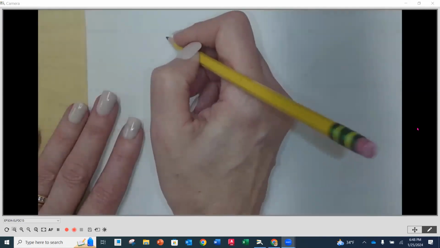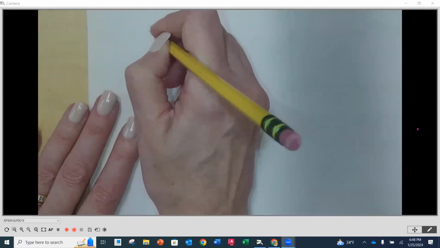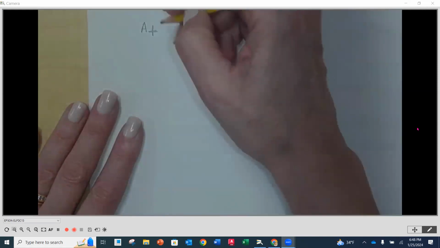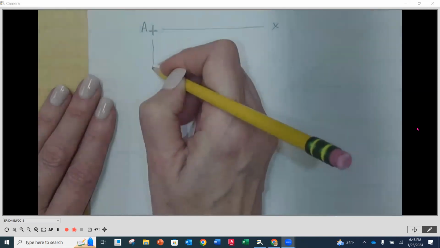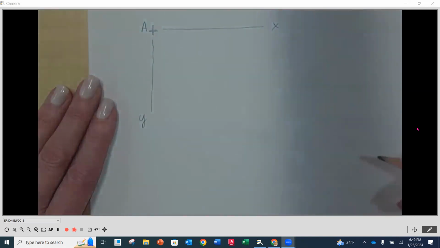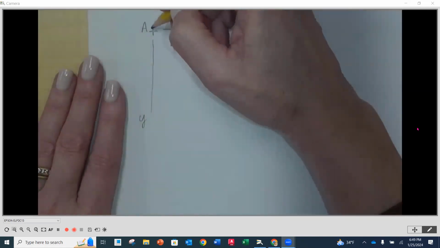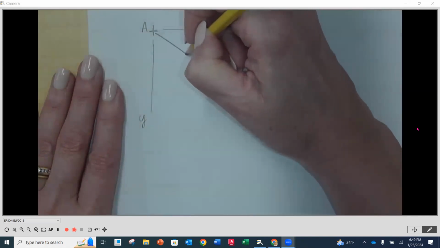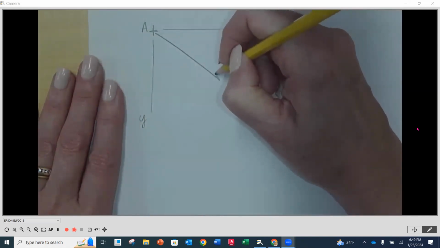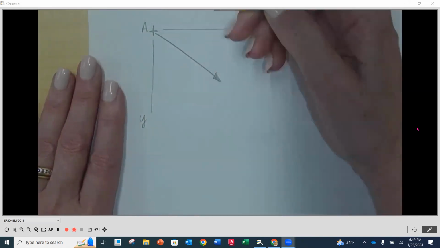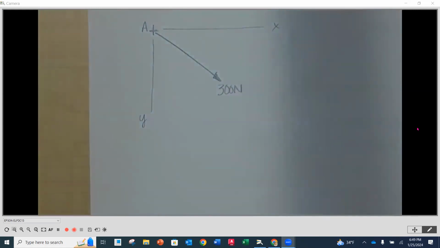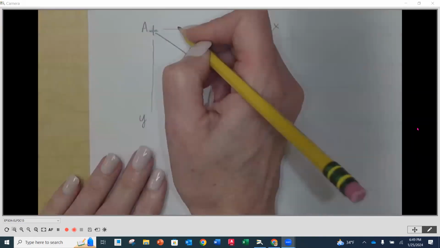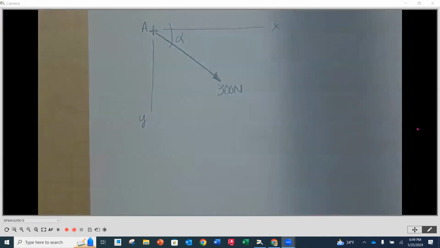And this time we're starting up at point A. I'm going to draw the x-axis going this way, our y-axis coming down this way. Now the problem says that we're pulling with 300 newtons. And we need to find what that angle is, alpha.